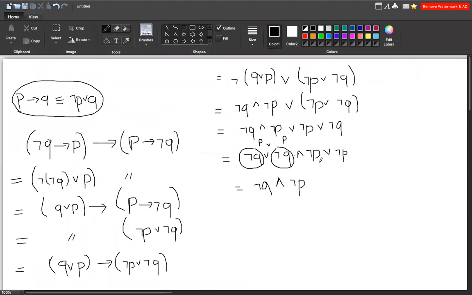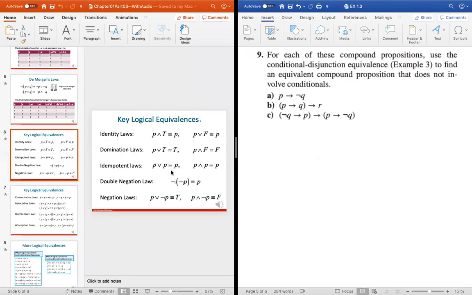I consider this as P, so this is equivalent to P. I consider P as negation Q, so I just replace it with negation Q here, which was my P. So you have to try to find a way to make your equation look similar to some of the rules or equivalencies here so that you can apply them and simplify your equation.